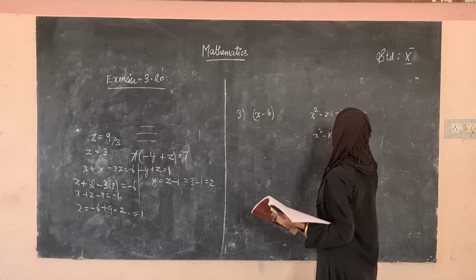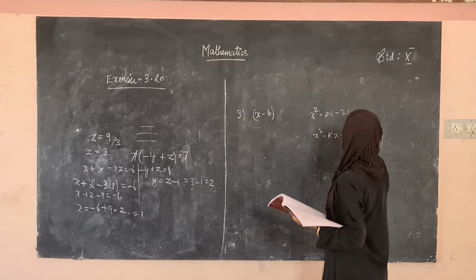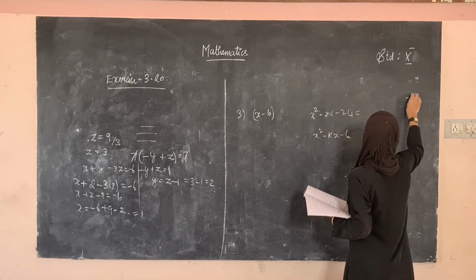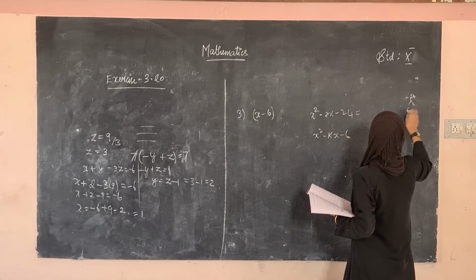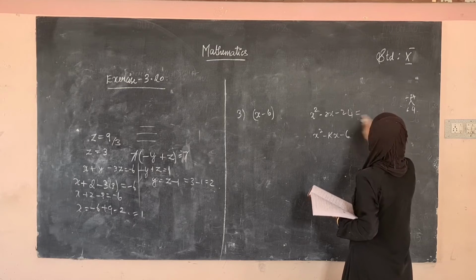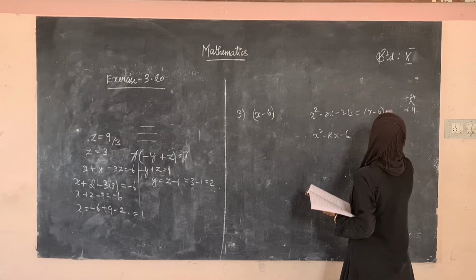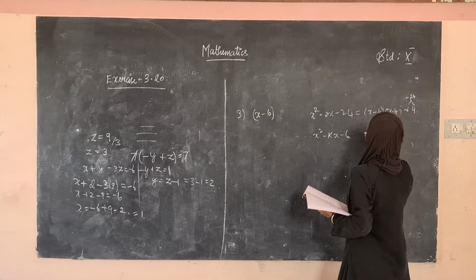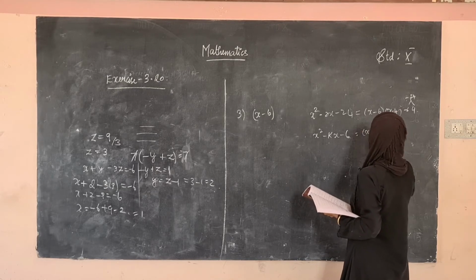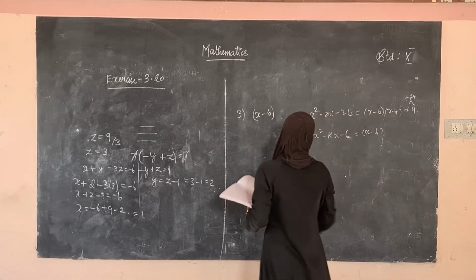If we factorize both, we will get x minus 6, right? So factorize this minus 24. 6 fours are 24, so it is minus 2, so minus 6. So this is x minus 6 into x minus 4. So if we factorize this, x minus 6 is present here, right?